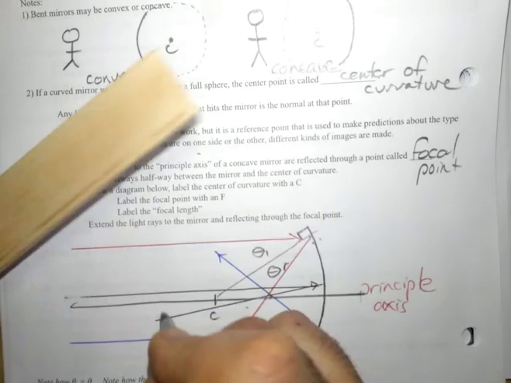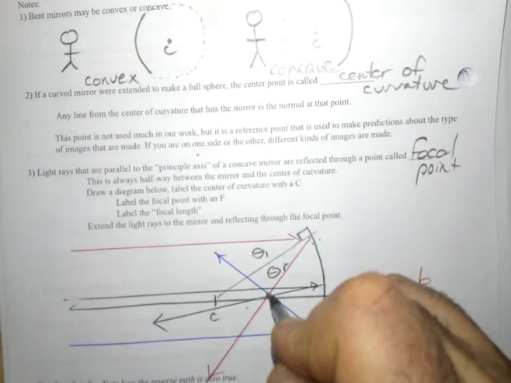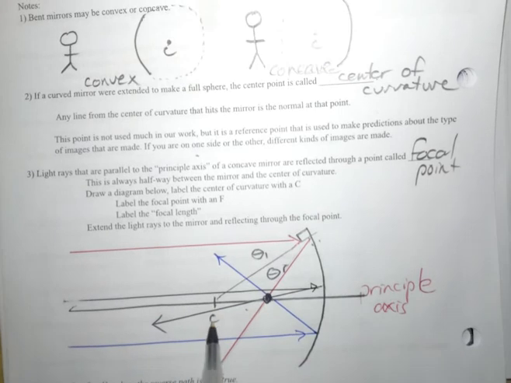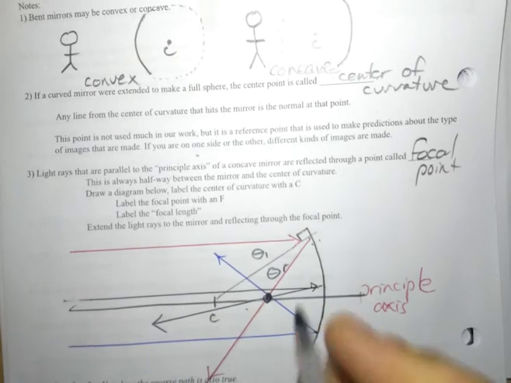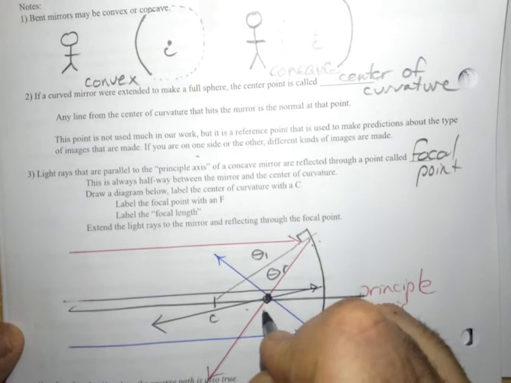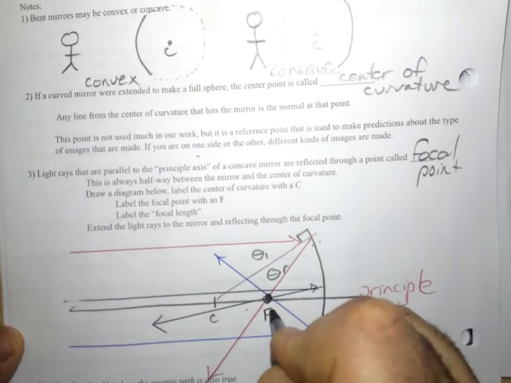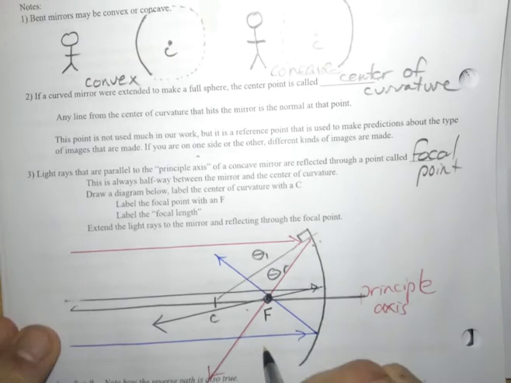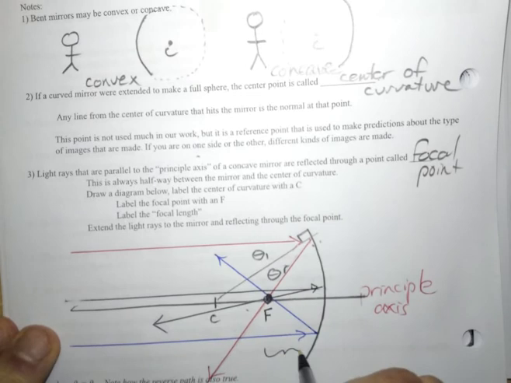The exact same point on the axis right there. This point is exactly halfway between the center of curvature and the mirror itself. This point is called the focal point. We're going to label that with an F. That's the spot. The point is the focal point. The distance from the focal point to the mirror is going to be called the focal length.